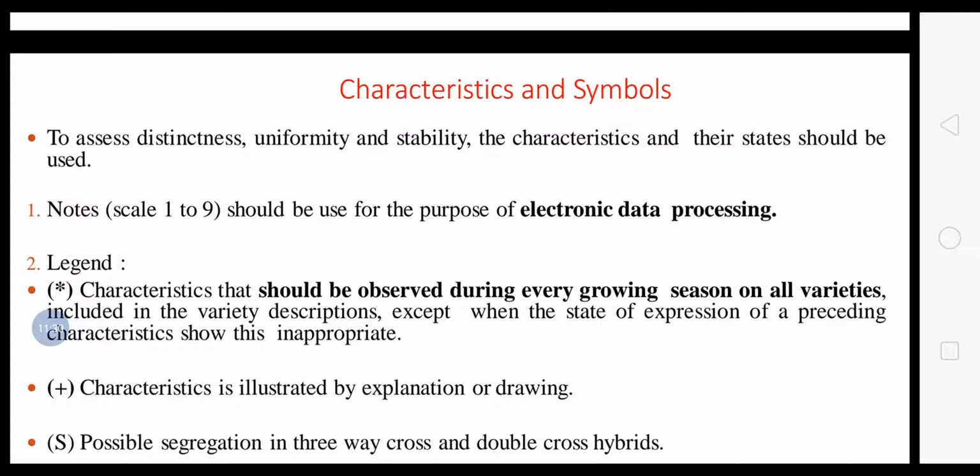Let's talk about some of the characteristic symbols used under the DUS chart. To assess DUS, a 1 to 9 scale is used for the purpose of electronic data processing.